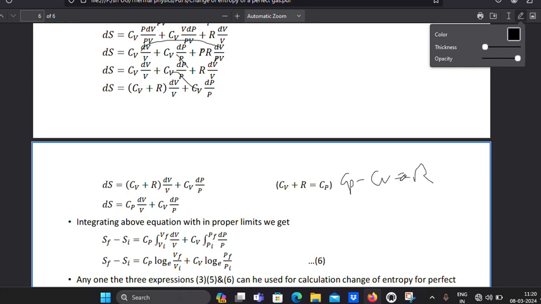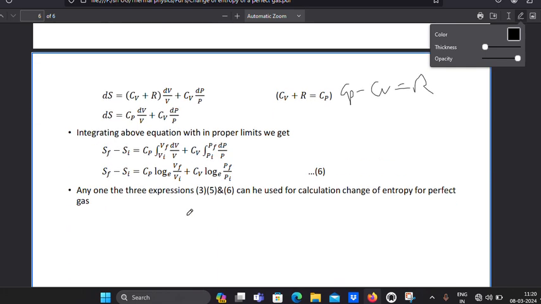So from that, Cv plus R is Cp. So simply we can replace this one by Cp. Now integrate on either side. After integrating, what do we get? By doing certain simplification, finally we get this equation like this. So it is now in terms of V and P only.